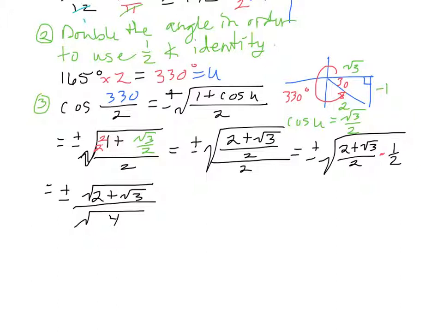Can I take the square root of the numerator? No. So that doesn't change. So plus or minus the square root of 2 plus the square root of 3, all divided by, what's the square root of 4? 2.